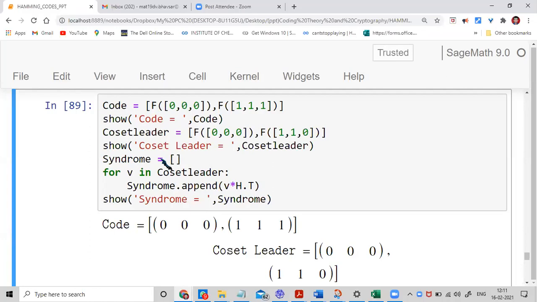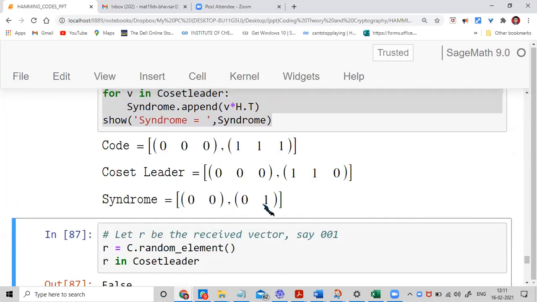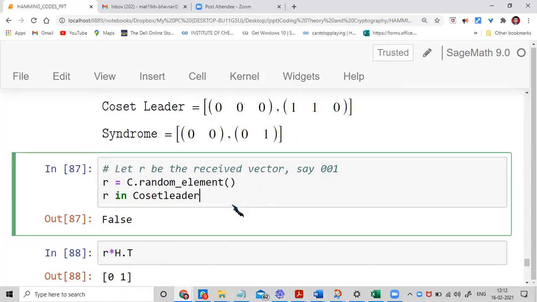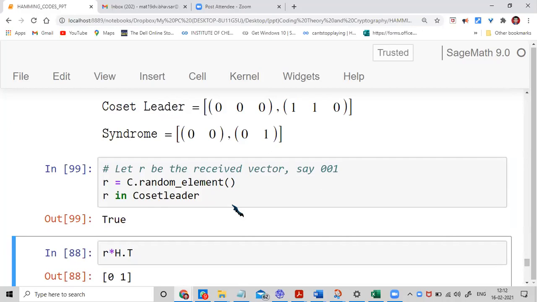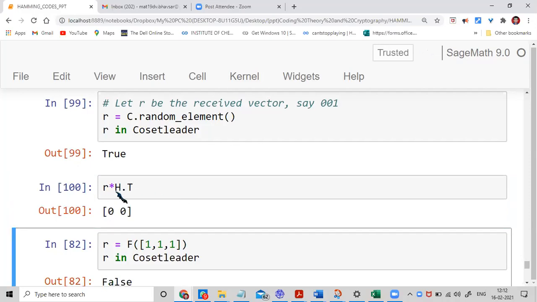Then if I wish to find out the coset leader and then find the syndromes using that, I have written this code, and if I run this, I get the syndrome as this. Very good. And if it is in the coset leader, we can extend it with an if loop, etc., and check.